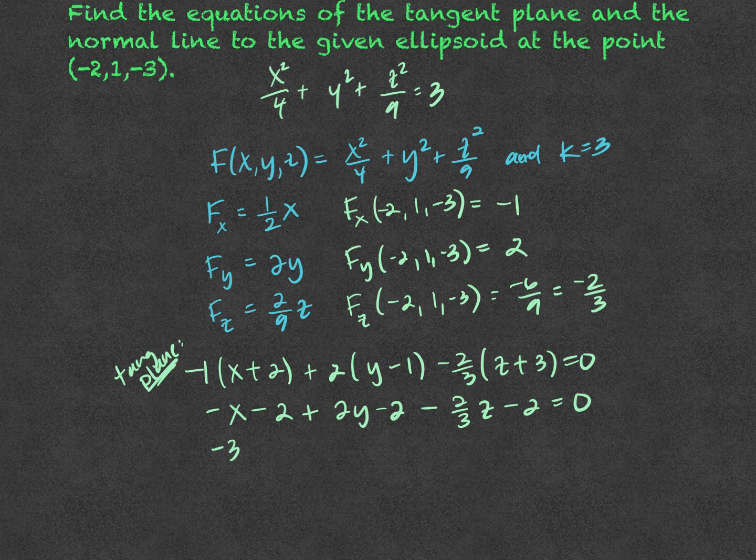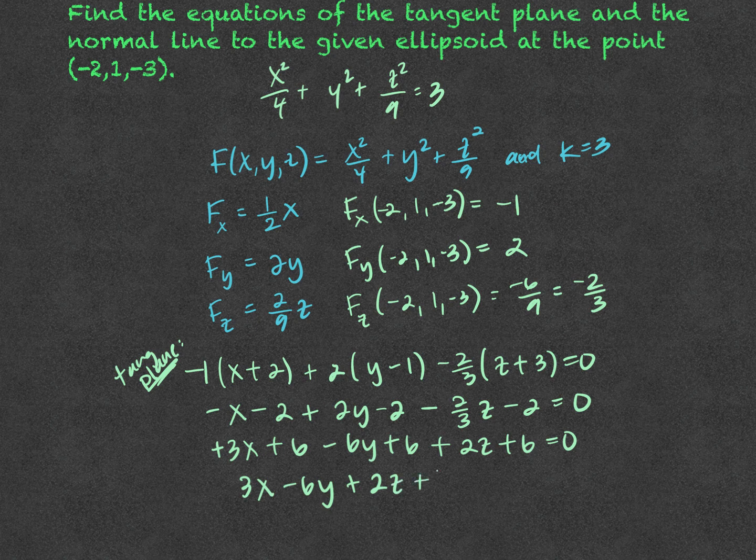We would like our x to be positive, so let's multiply by -3. So we have 3x plus 6 minus 6y plus 6 plus 2z plus 6 equals 0. So then we have 3x minus 6y plus 2z plus 18 equals 0. So this is our equation for our tangent plane.